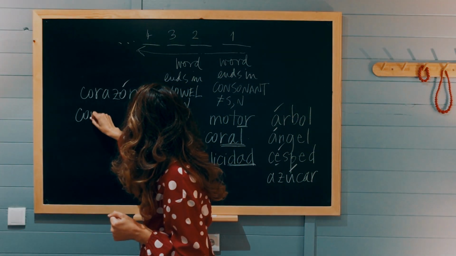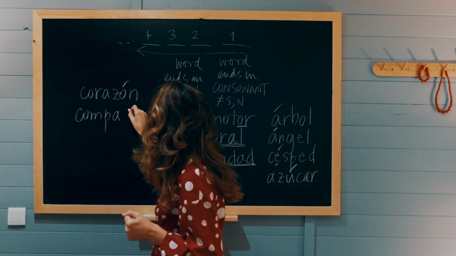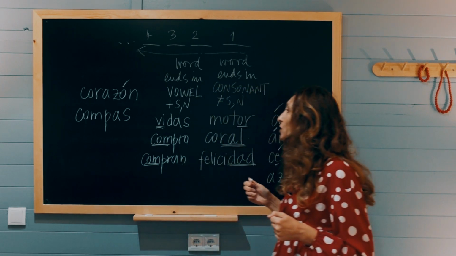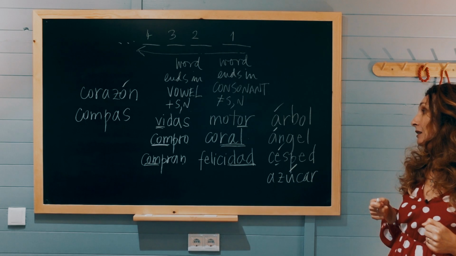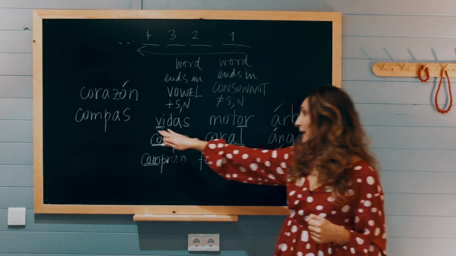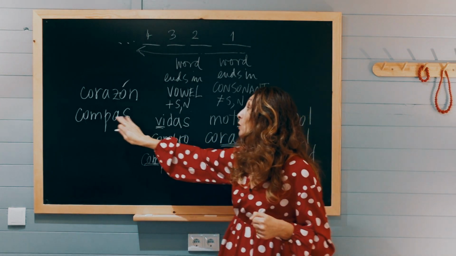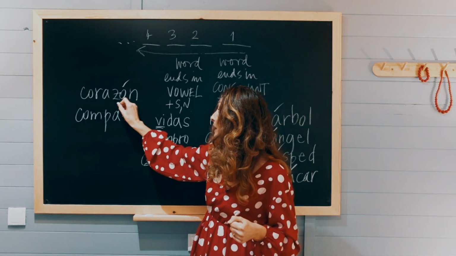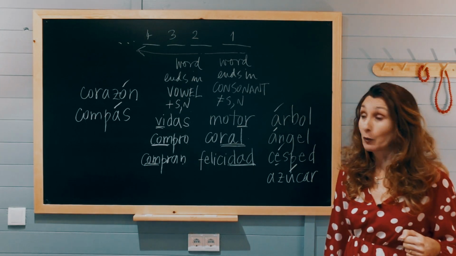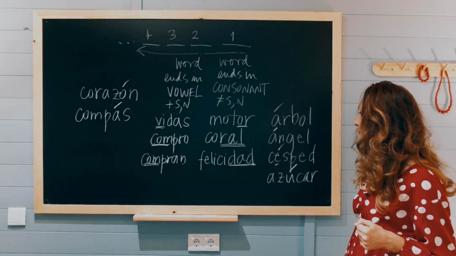Rhythm in Spanish, you can say ritmo, but also compás, or the beat. The beat is compás. Again, it ends with an S. We would expect this one, compás, to be the stronger one, and yet it's this one. Compás.